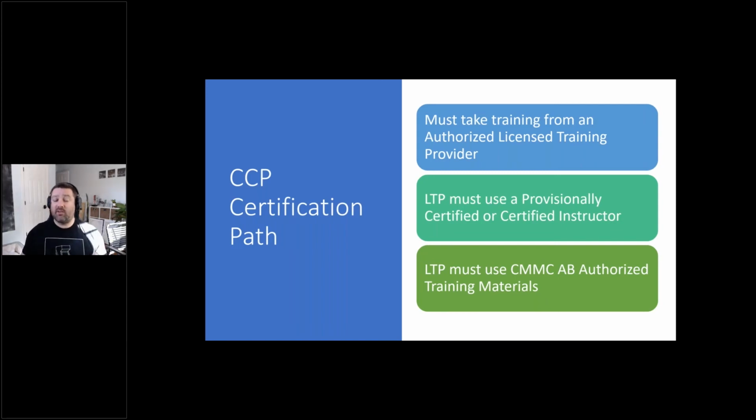In this case, United Training checks all of those boxes, meaning that if you take a CMMC CCP class from United Training, you will be eligible to sit for a certification. If you find training somewhere else and they can't tell you that they're an LTP using a provisionally certified or certified instructor and they're using CADM, then whatever training you might take may be beneficial to you intellectually, but it will not lead to the certification.